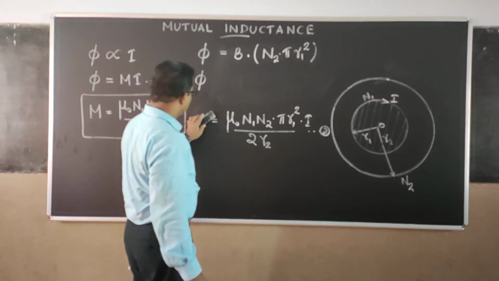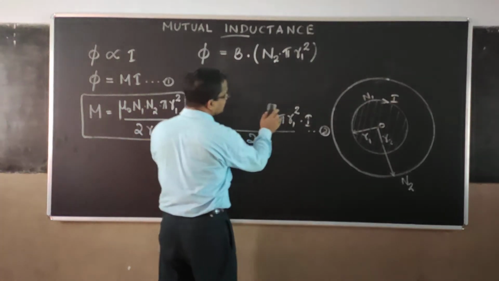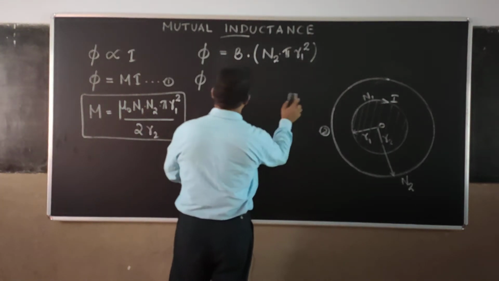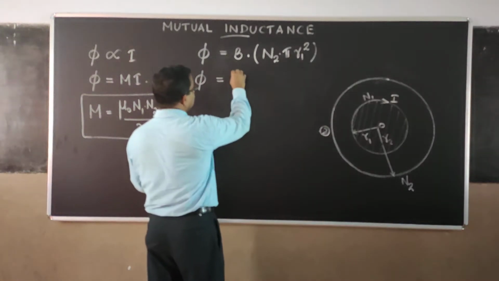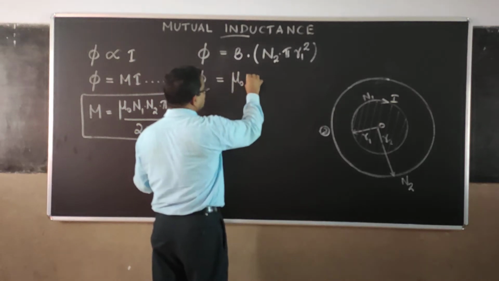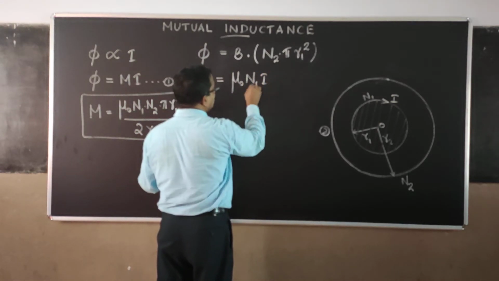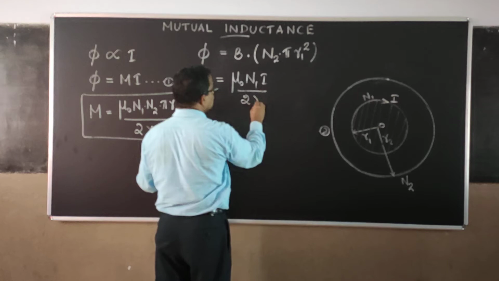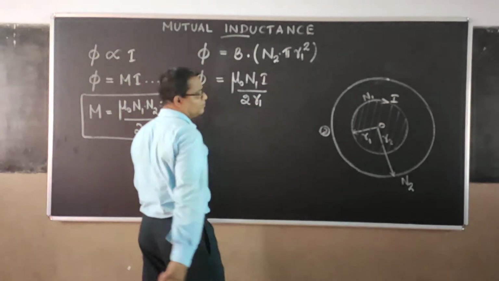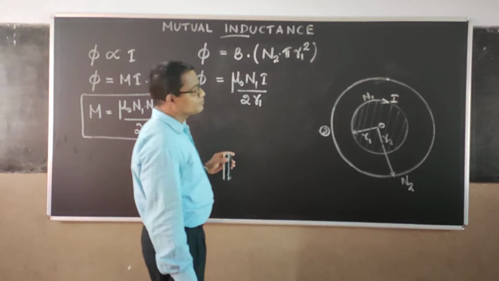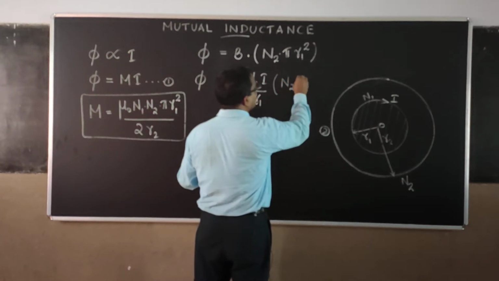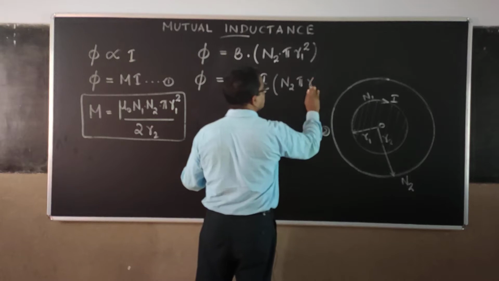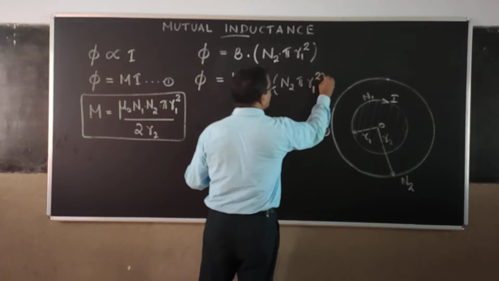Now, let us see what happens. Flux phi is equal to mu 0 N1 into I divided by 2R1 into N2 into pi R1 square.